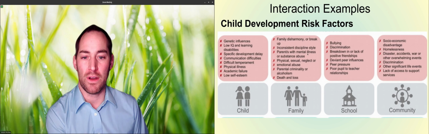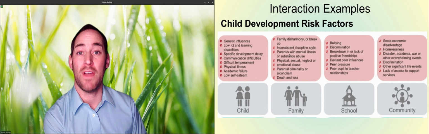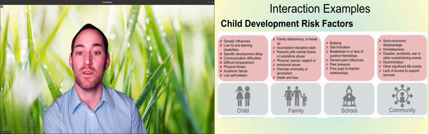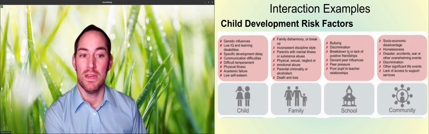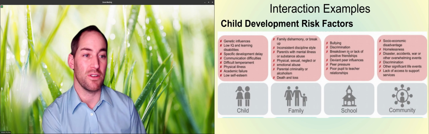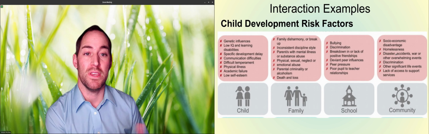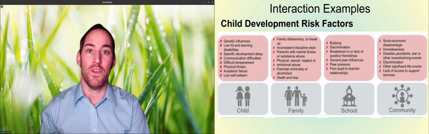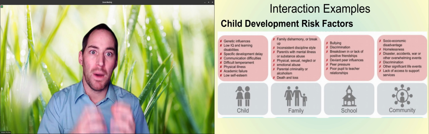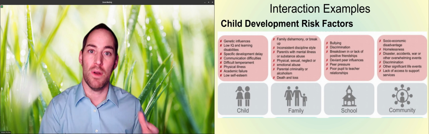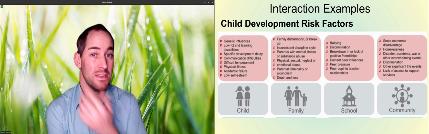But there are family variables. So death in the family, like of a parent or a sibling, parents that you're not securely attached to, abuse, discrimination or bullying in the school. These kinds of things are examples of risk factors. I'm not going to read all of these, but discrimination in a community, homelessness, these are examples of risk factors that, if you add them on, put you at a much harder time in life because they're interacting and making it much more difficult to get your basic needs met.